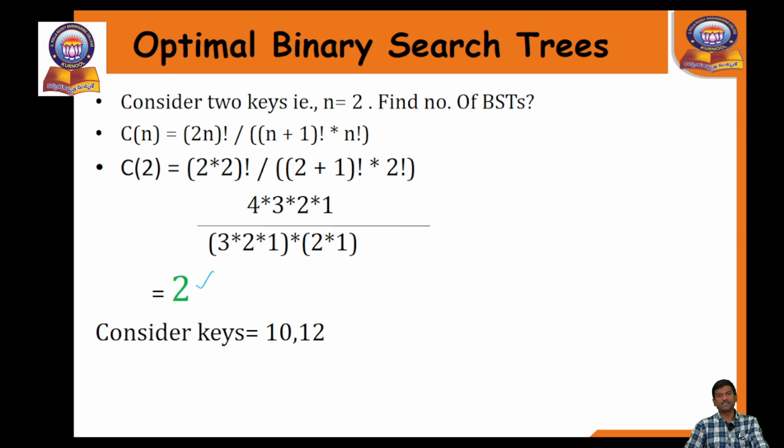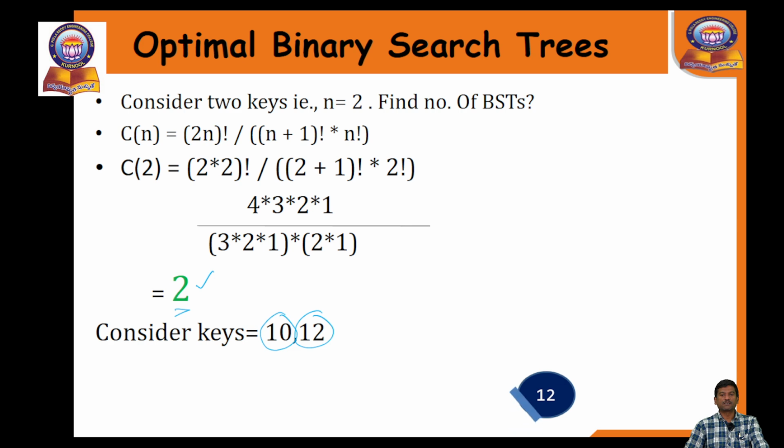What does this indicate? When you are provided with 2 nodes, consider the 2 nodes to be node 10 and similarly node 12. There are 2 nodes present. And how many ways can we arrange these 2 keys? There are 2 binary search trees that can be generated. What are those 2 possibilities?